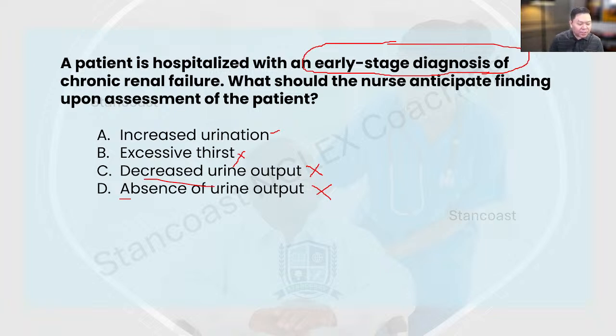It said here early stage. So again, increased urination is the hallmark for this disorder. We also have to eliminate illogical options when doing the process of elimination. For manifestations that are the exact opposites, immediately take them away. Disregard them. Okay.